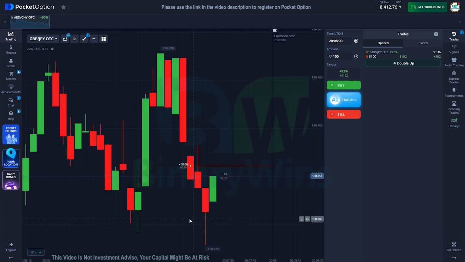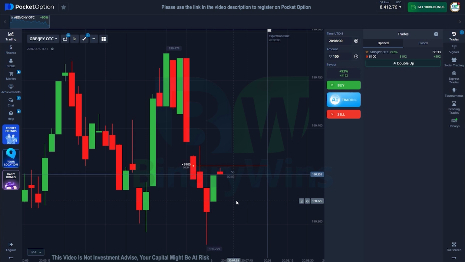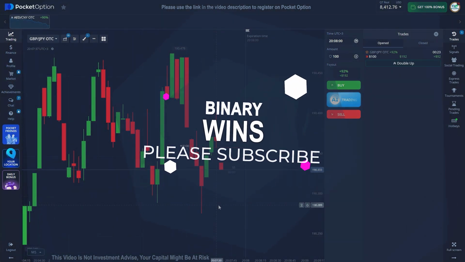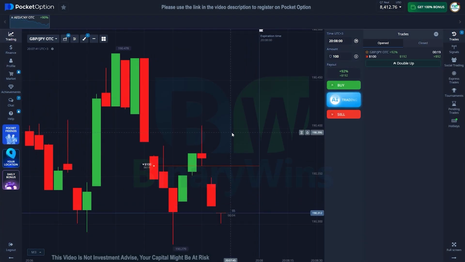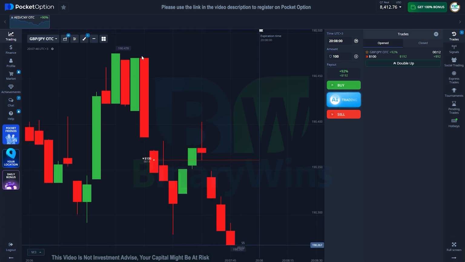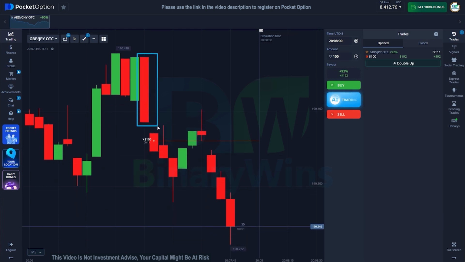Because there is a possibility of a fake breakout, we wait for the position to be closed. In the 5-second confirmation method, we enter the trade when we see the first full and complete candle.